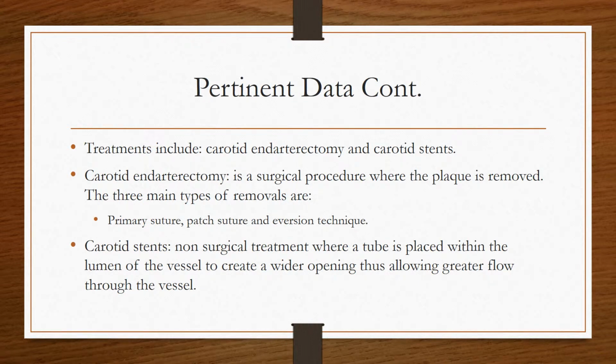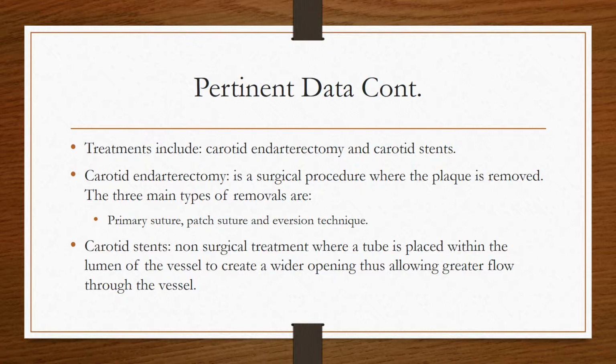So treatments for atherosclerosis or stenosis of the carotid artery would be a carotid endarterectomy and a carotid stent. Carotid endarterectomy is a surgical procedure where the plaque is removed, and there are 3 main types: primary suture, patch suture, and eversion technique.